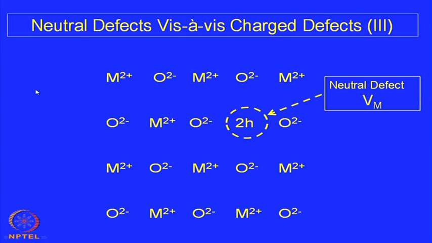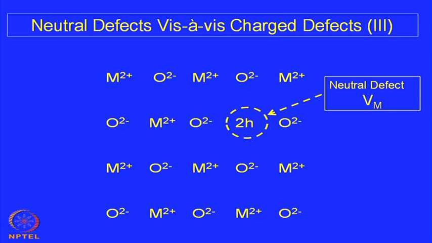In the same manner, it can be the other way also, a metal vacancy, a neutral vacancy, and it has left behind 2 holes. Okay. From the concept of semiconductor physics, we have electrons and holes.